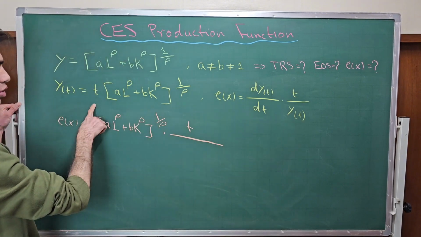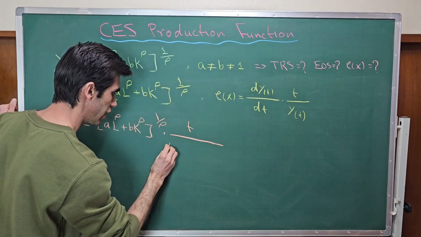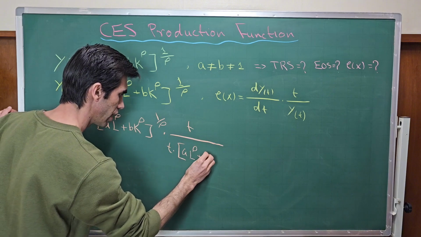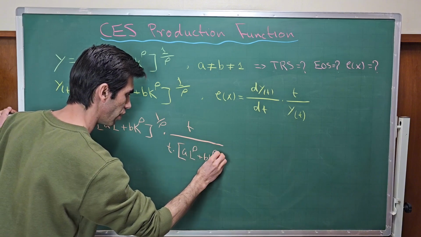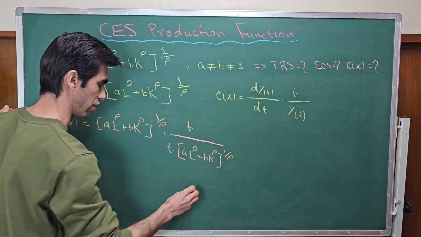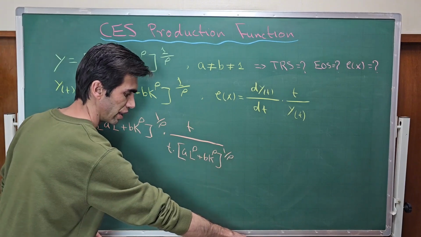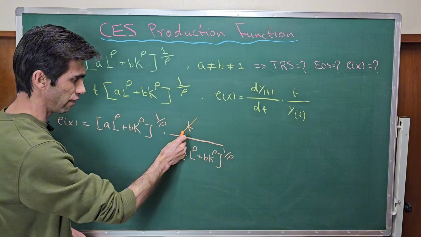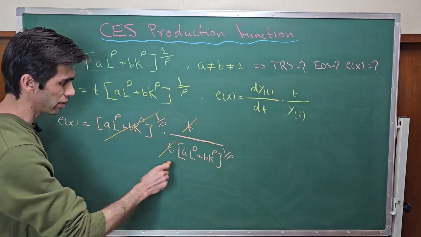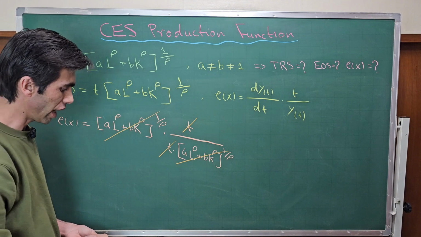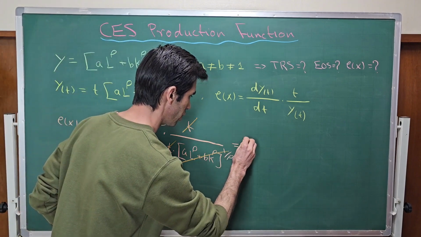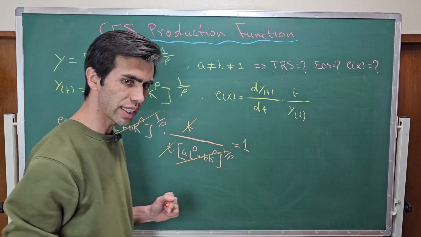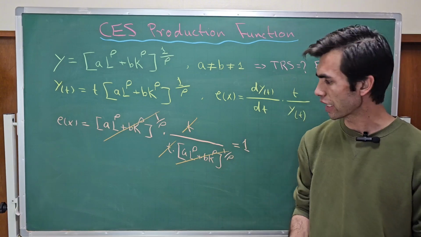Y of t is equal to the whole term: t multiplied by A L to the power of rho plus B K to the power of rho, whole to the power of 1 over rho. Now we can simplify. We can cancel out t with this t, and this term with this term. And finally, we remain with the value of 1. So we got that the elasticity of scale for the CES production function is equal to 1.